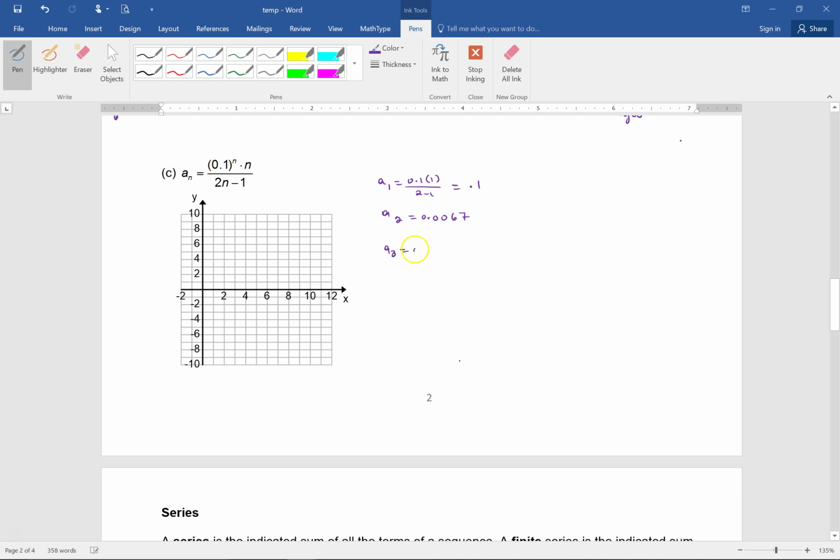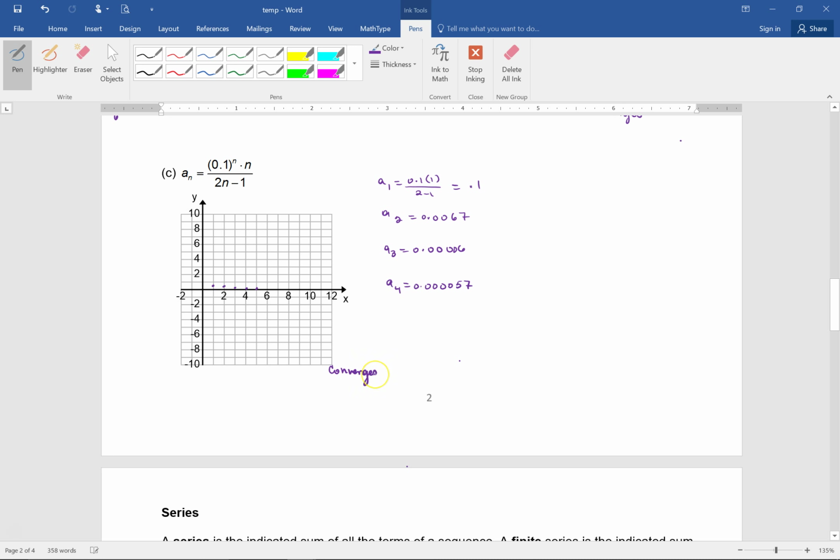A3 is 0.0006, and A4 is even further. This is 4 zeros here. And here, 1, 2, 3, 4 zeros, and then a 57. So we start at 0.1, and then go further and further down. So this is clearly doing what? Converging.